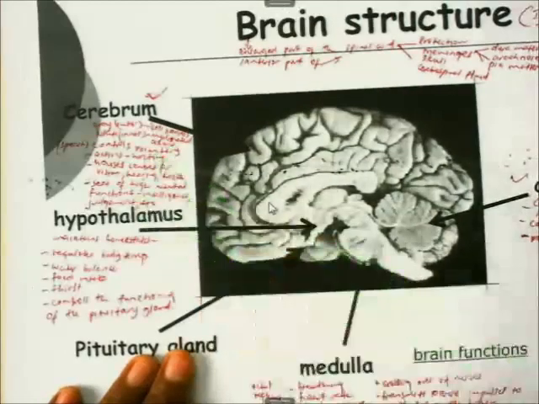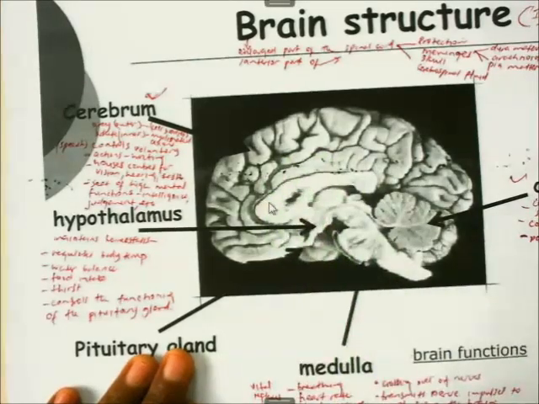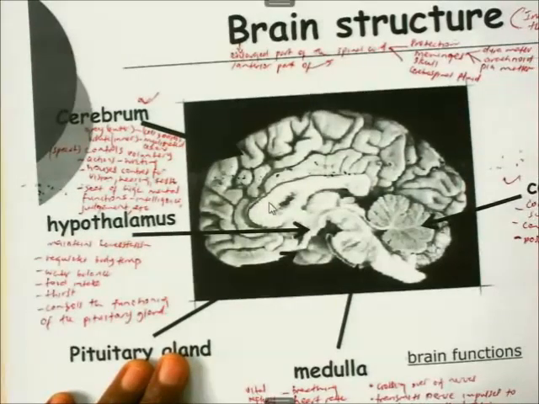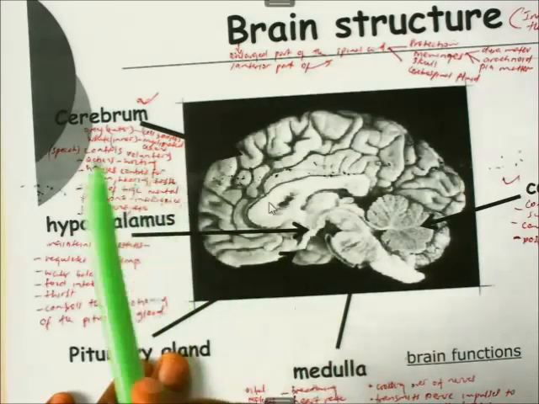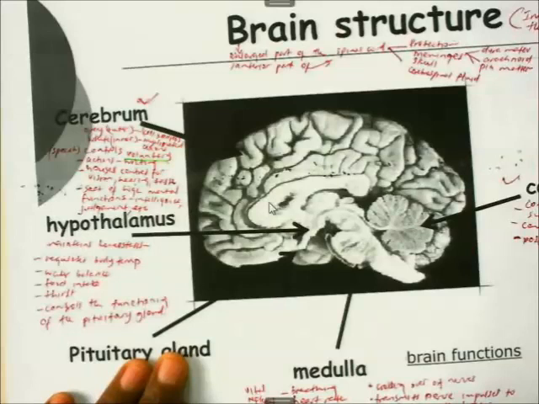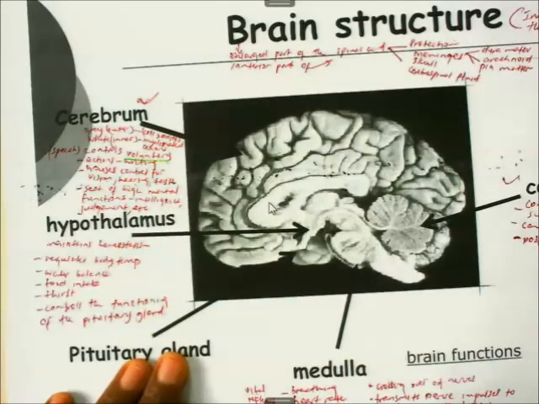Coming to the functions of the cerebrum, the cerebrum controls all voluntary actions. Voluntary actions which are controlled by the cerebrum are writing, speech.